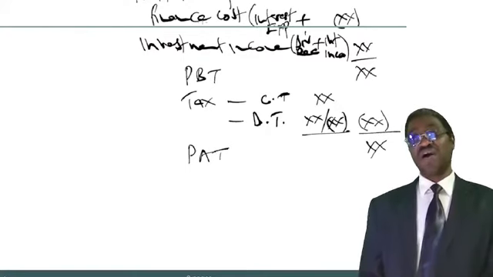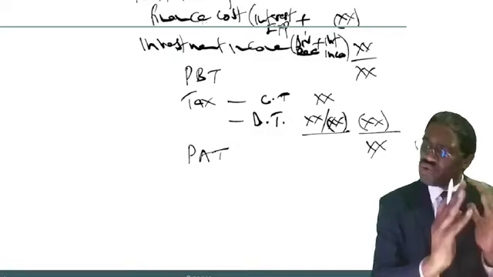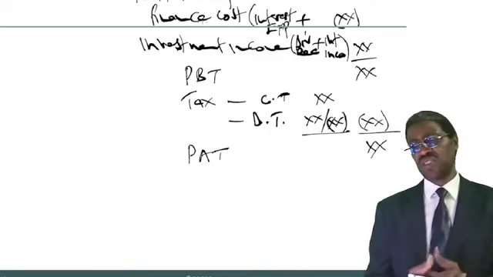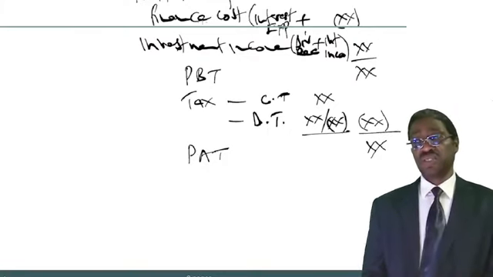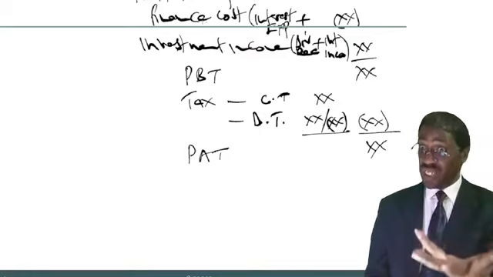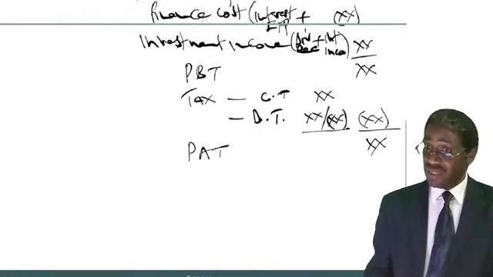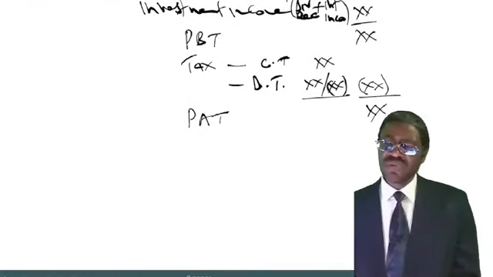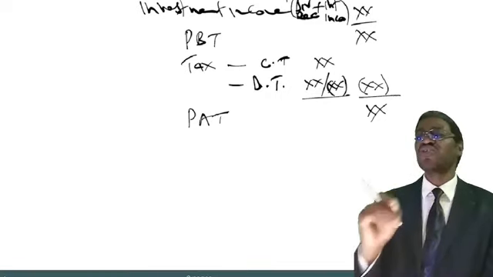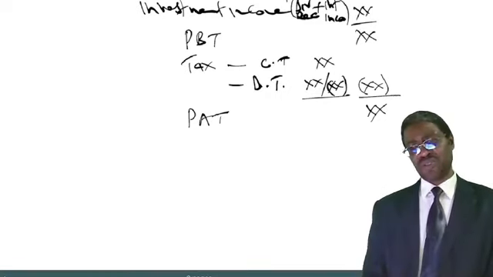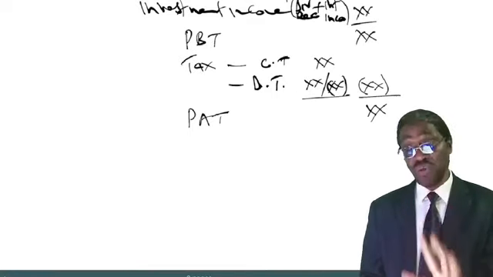Now listen, this is what you also used to do in financial accounting at the foundation level, or for those who did the previous curriculum, we used to call it section 1 financial accounting. Once you got the profit after tax, you had to appropriate this profit with the appropriations made by a normal company.